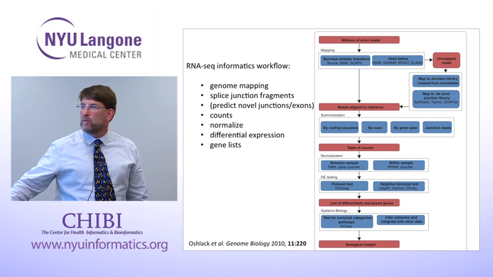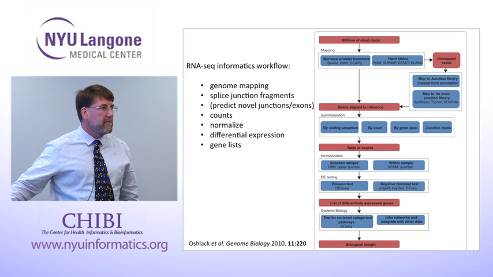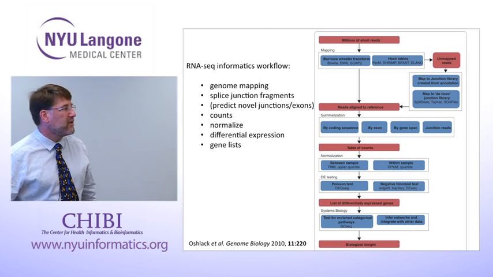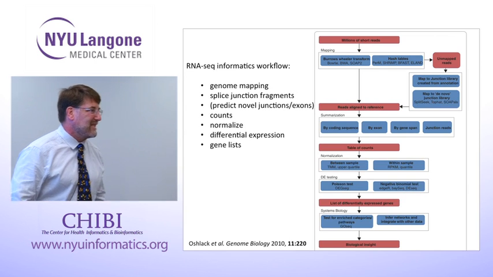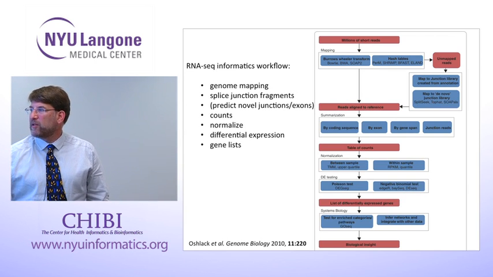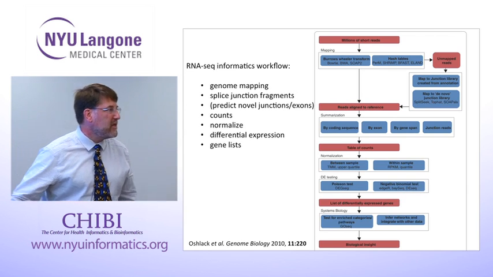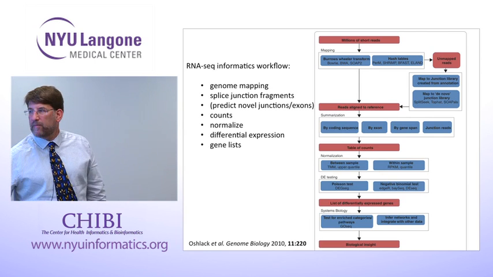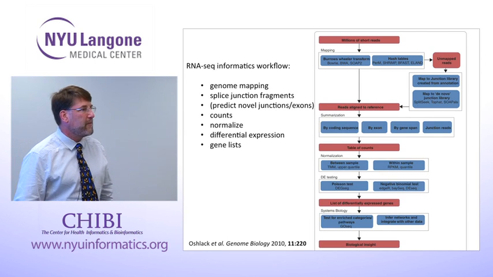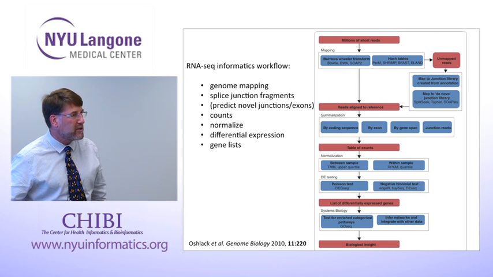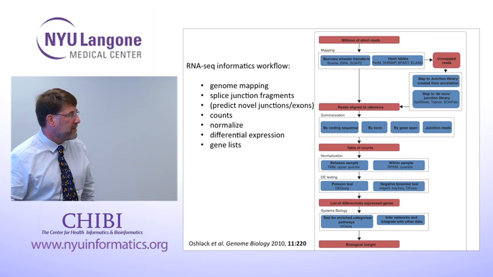Then we have to do normalization, which I'm going to describe in a minute, and measure of differential expression, which is primarily a statistical issue. Once you've got a list of differentially expressed genes, then you can use all types of methods that have already been developed for microarrays to look at functional enrichment, pathway enrichment, etc.